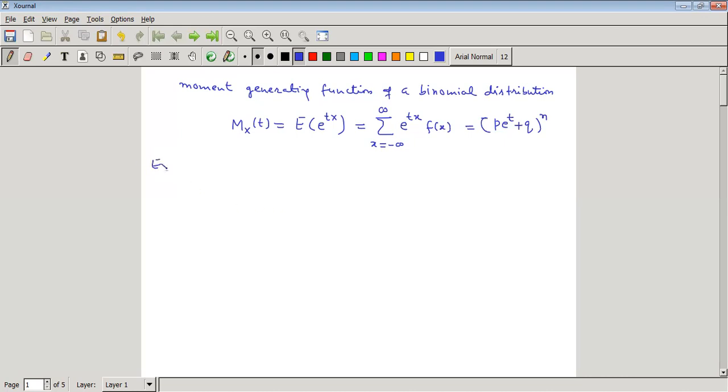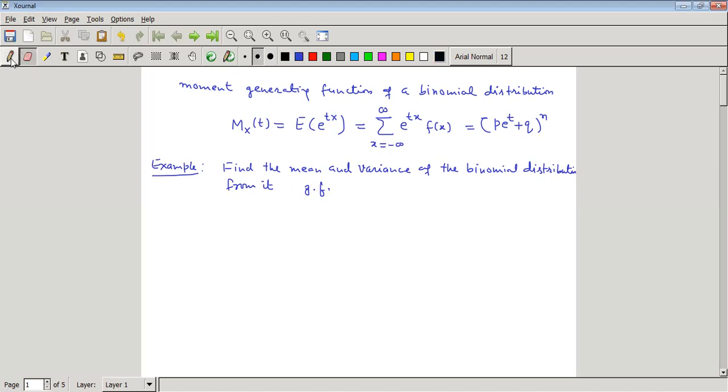So let the example be: find the mean and variance of the binomial distribution from its moment generating function. So how can we find this?